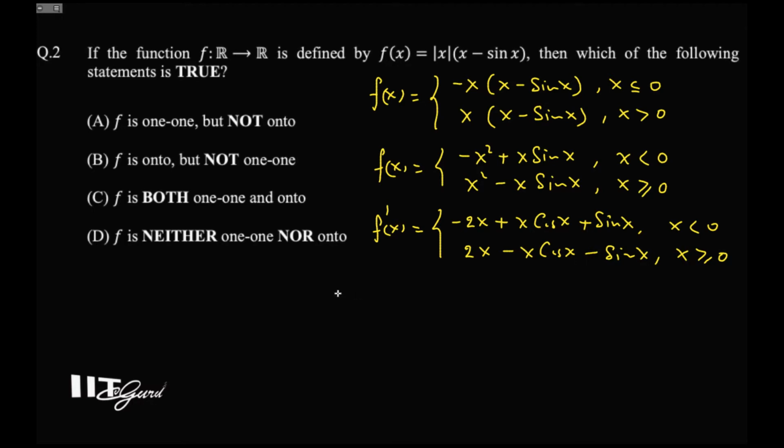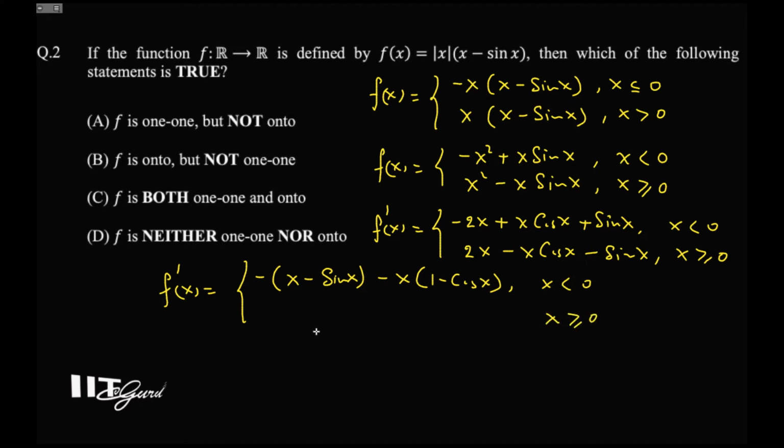Now f dash x can be rewritten as minus bracket x minus sin x, minus x bracket 1 minus cos x, for x less than 0, and for x greater or equal to 0, x minus sin x plus x under bracket 1 minus cos x.